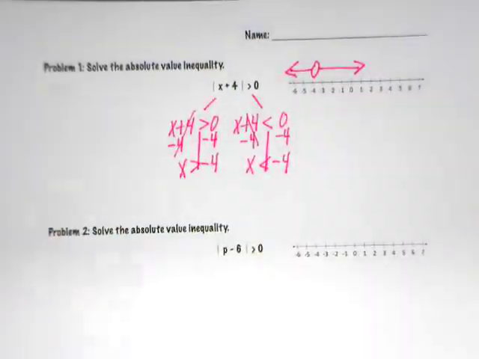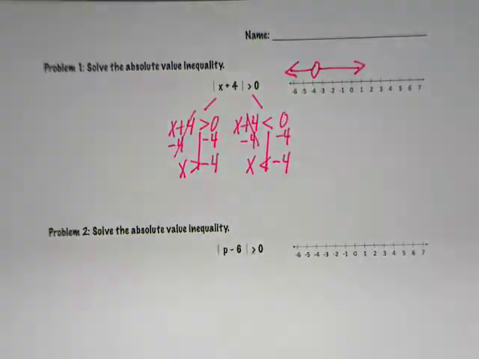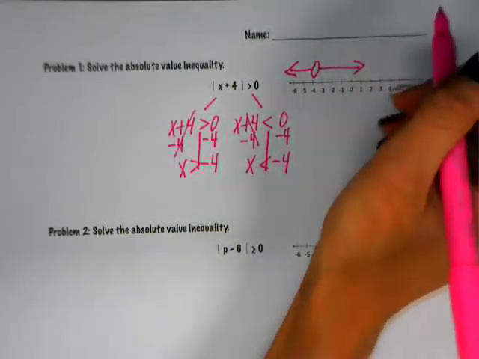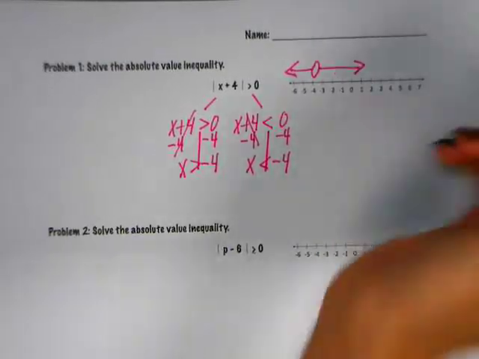So this one is a weird example because it's basically infinite solutions except for one number. So what's the only number that it can't be? Negative 4, right? But technically, are these arrows going away from each other or towards each other? Away, so it's going to be an or, okay?